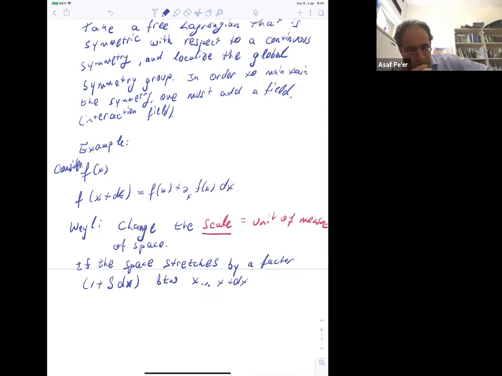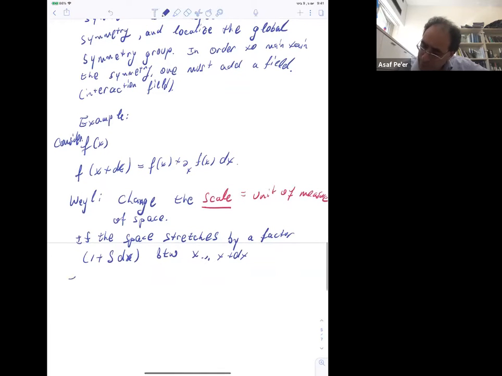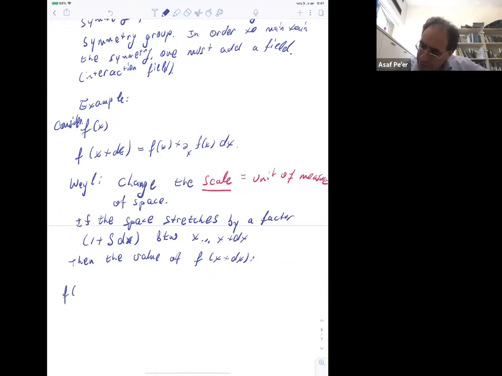Then the value of f at x plus dx is now f of x plus df/dx of f times, as the space now stretches, 1 plus s dx.